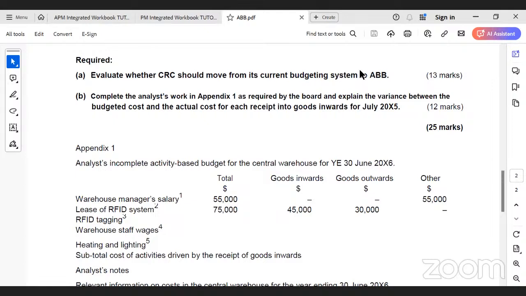Incremental. Okay, Siva says incremental, Hari says rolling. What is the current budgeting system?